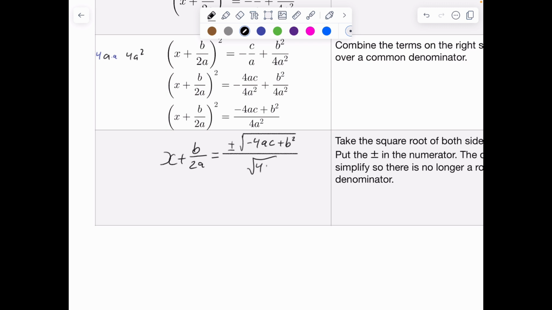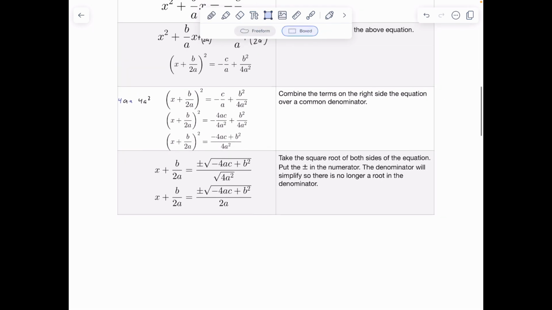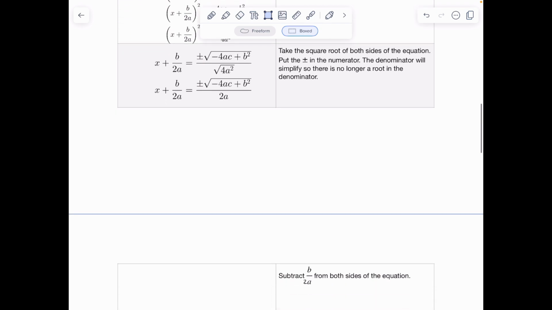So 4a squared in the square root will become 2a. So all of that is going to come down like that. All right, so at this point, it's starting to look similar to what we've seen before.